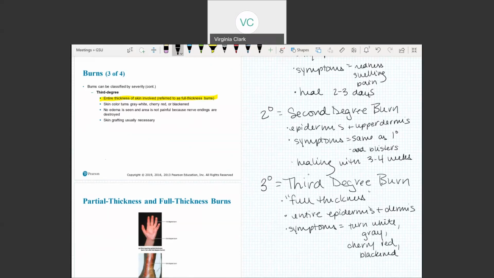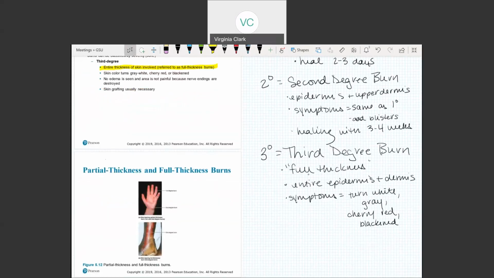But what's also different with this one is symptoms. There will be no pain. There will absolutely be no pain on part of the patient. Mainly because, again, you've burned off the epidermis and the dermal layer. The dermis is where you will find your nerve supply. You have burned off all of the nerve endings.